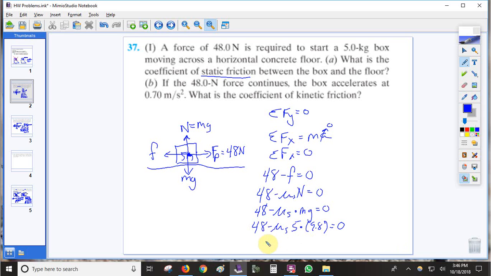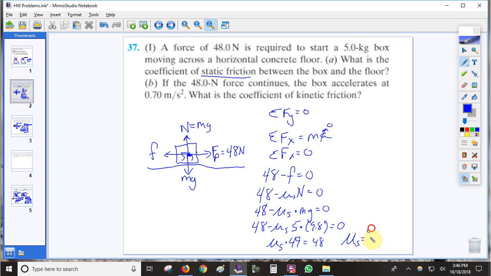So I'm going to move the friction term to the other side, which gives mu sub s times 5 times 9.8, which is 49, equals 48. Now you have to divide both sides by 49.